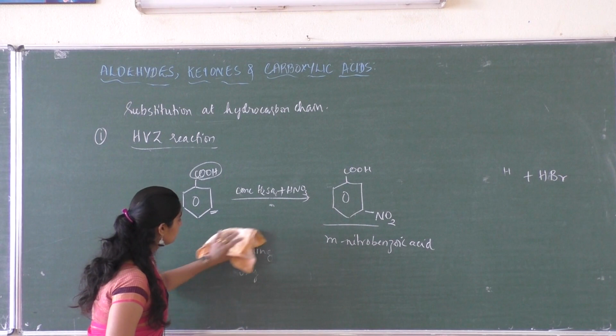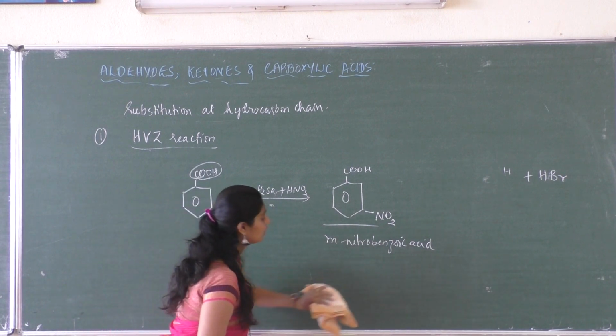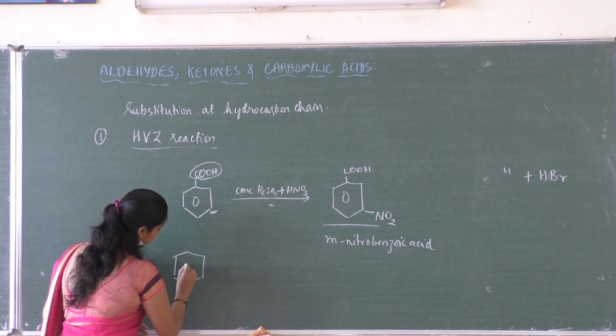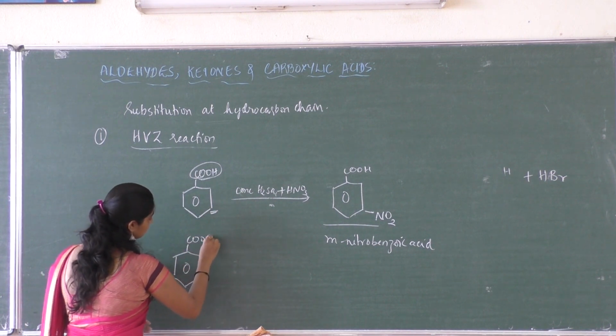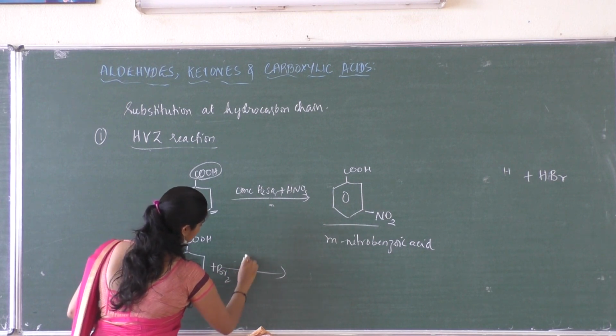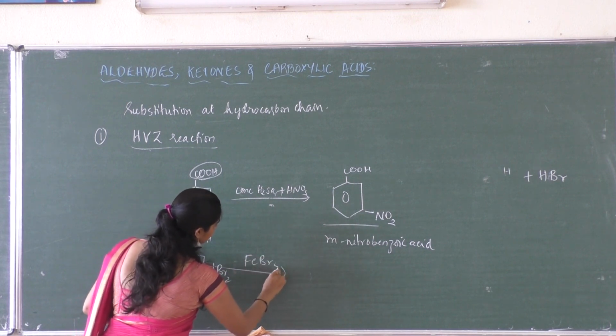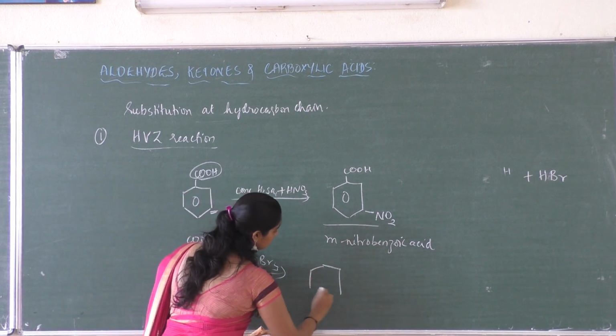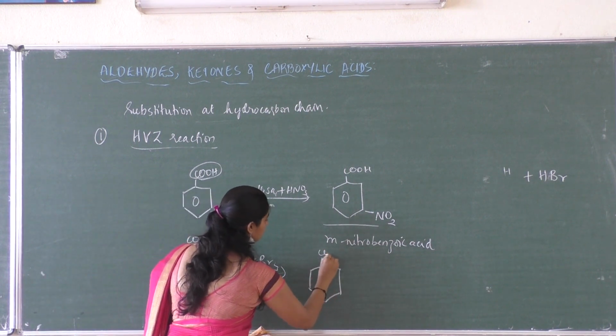And when benzoic acid is brominated in the presence of ferric bromide, Br2, FeBr3, bromination occurs again at the meta position.